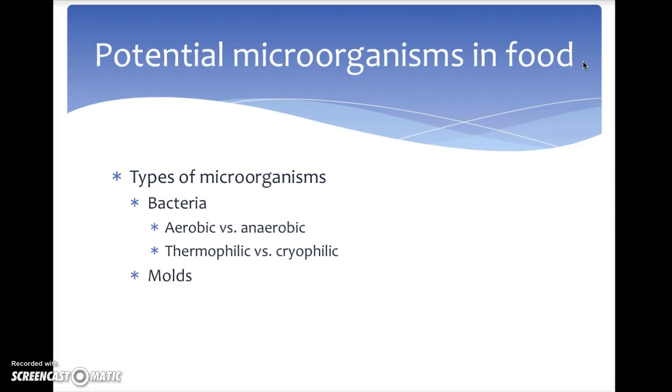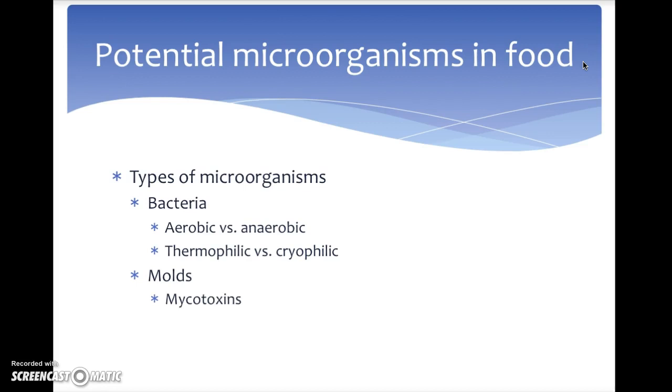Molds are another common type of microorganism that we find in food, and you've seen these. You've seen it on bread, you've seen it on fruits or vegetables when you leave them out, and this is a very common type of organism. Now, sometimes they're not harmful, but they can be, and so you have to be very careful what kinds of foods that you get into.